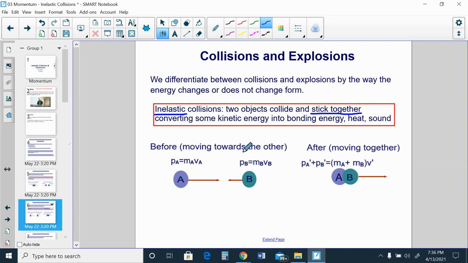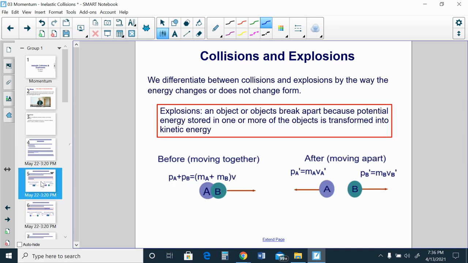What it looks like, as I'll show you in a moment, is we have our individual momentum before for each individual object, so p equals mv for each, A versus B. Then after they collide and stick together, they are moving together because it's an inelastic collision. You'll notice that this equation is the same as the before equation for an explosion.